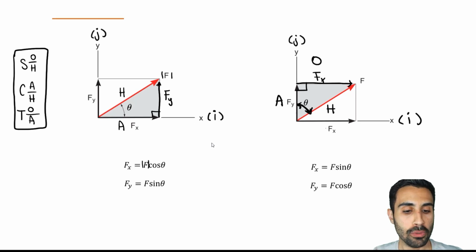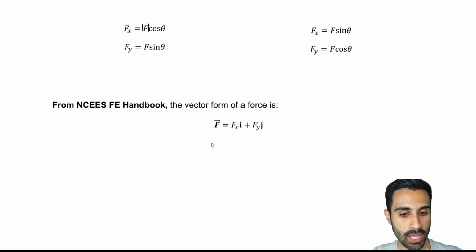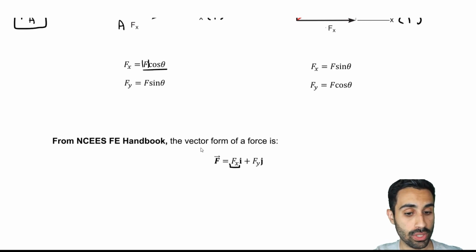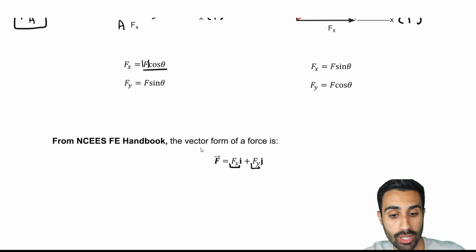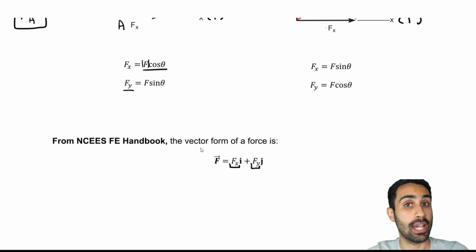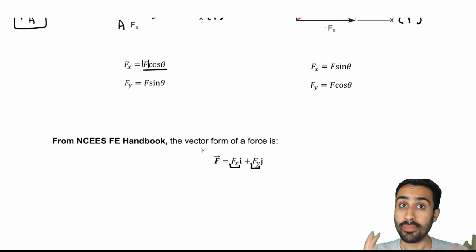And what we will do to put it in Cartesian vector form, you just take the Fx value. So we calculate the value for this, and you put it there, and you just attach an i to it. Those are your i forces. And you do the same thing for Fy. You take your Fy value, you calculate it, put a j next to it. And that is denoted as a Cartesian vector form.